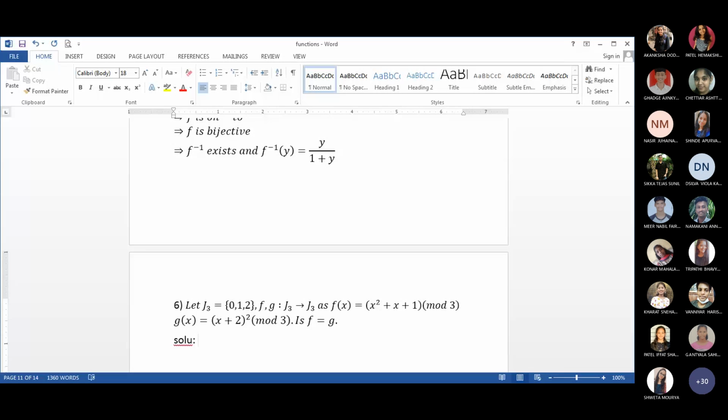Now when do we say the two functions are equal? We say two functions are equal if f of x is equal to g of x for all x.